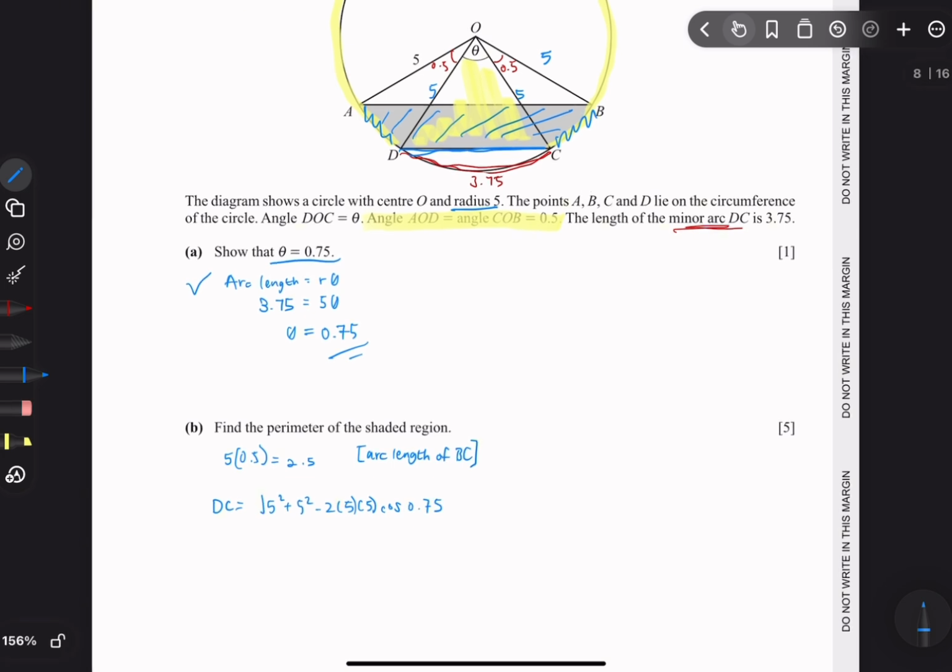The theta is from part A. Okay, so this is the length of DC.